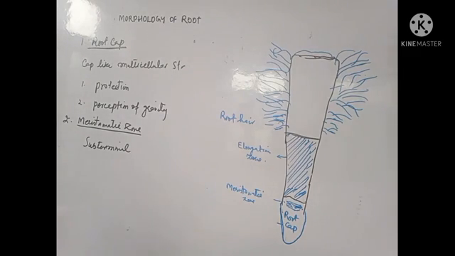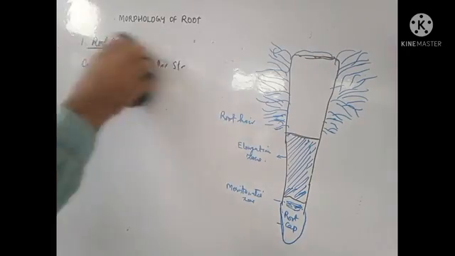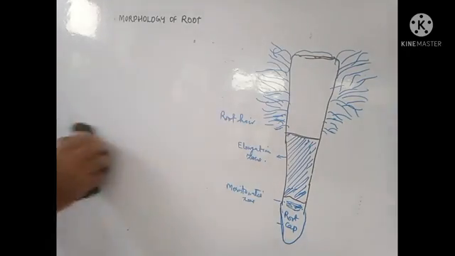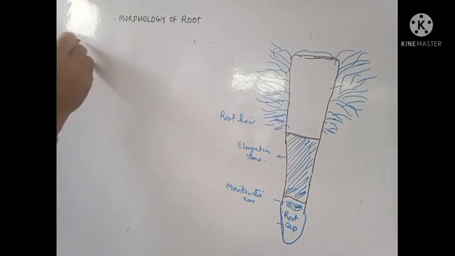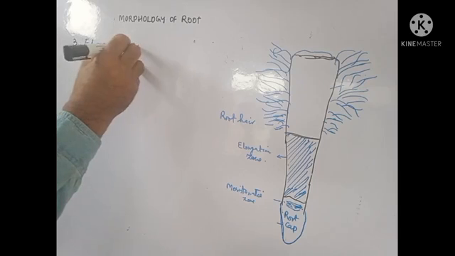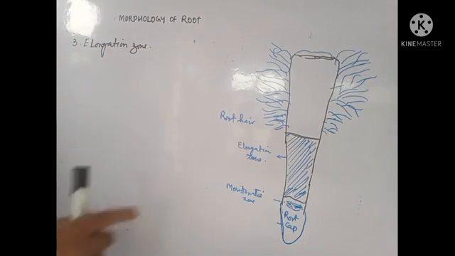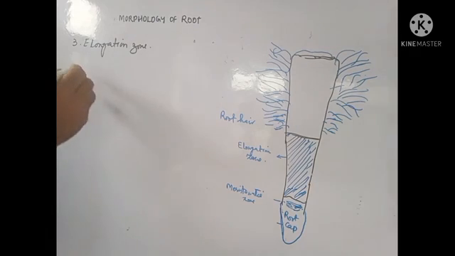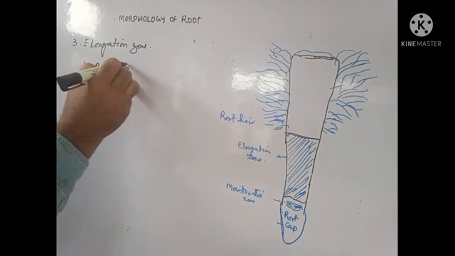Number third portion of the root is elongation zone. As you can see from the diagram, it is about 4 to 8 mm in length.